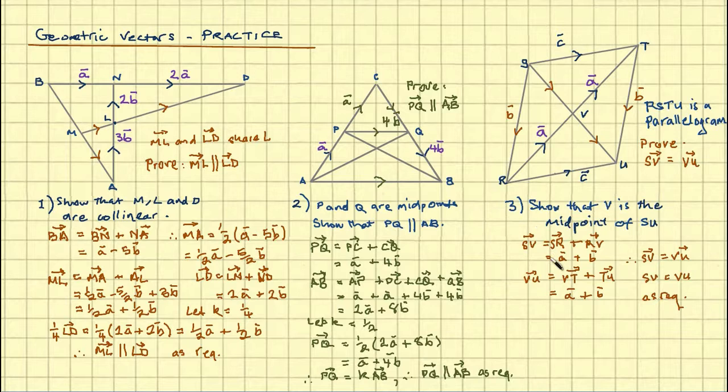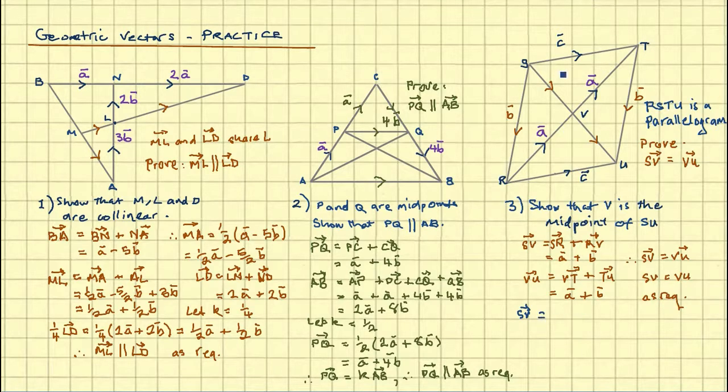This last problem actually is quite interesting to think about in a slightly different way. So what if we defined here now this vector here C and work our way around this in a slightly different way. So if I'm trying to get S to V, how about thinking about it in terms of vector C?